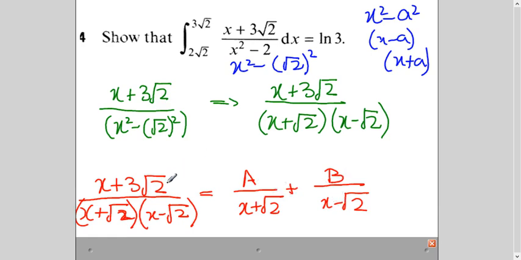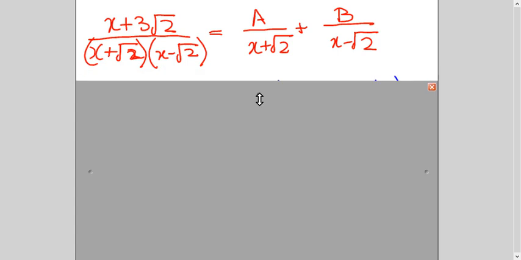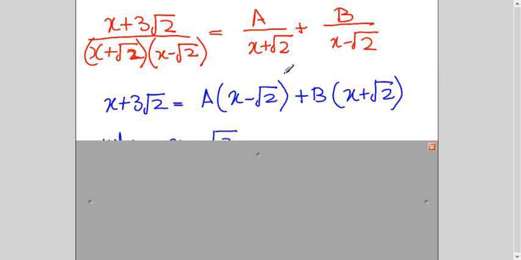Because from partial fractions, we know what type of constant we take in the numerator. That depends on the denominator. It's a linear function, so A and B will come here. Now after that, I will take LCM on the right hand side. When I take LCM, A will multiply by this, B will multiply by this, and on both sides we have the same denominator, so we don't write it. It cancels out.